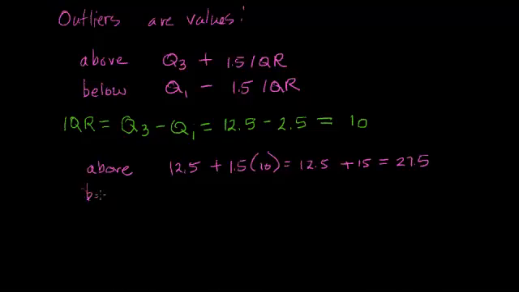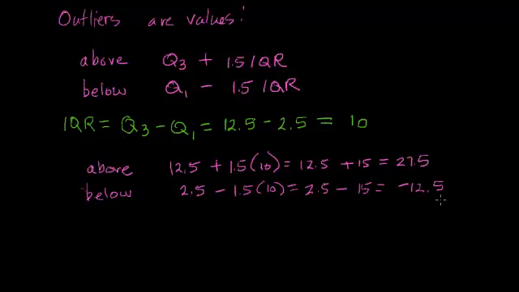And then below our Q1, which was 2.5, minus 1.5 times 10, or 2.5 minus 15, which is negative 12.5. Now, oftentimes it's impossible to get a negative value in your data, just depending on what you're counting. If these are home runs, there wouldn't be a negative number, of course. But it's okay, that's what our value is.